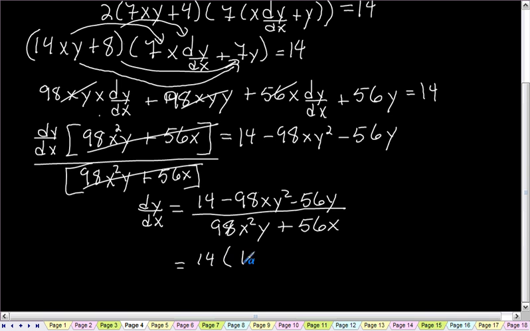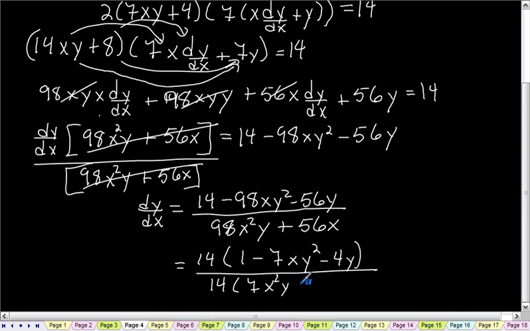I'm left with 1 minus, if I divide 98 by 14, I'm left with 7xy squared, minus, if I take 14, 4 minus 4y. On the bottom, I've got a 14. I'm left with, take out 14, 7x squared y plus 4x.